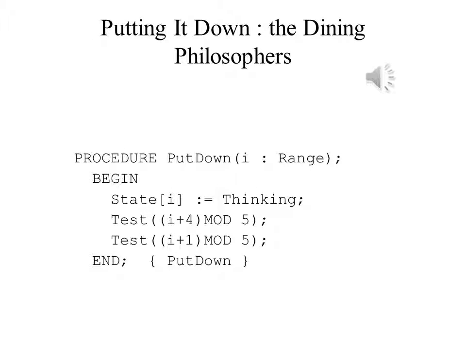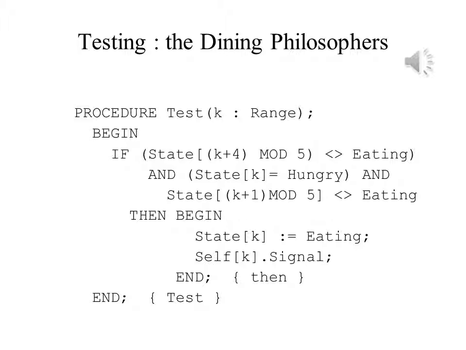In putting them down, he resets his condition to thinking and uses test to let the other philosophers on either side know that the chopsticks are now available. Testing involves seeing if philosopher K is hungry and has chopsticks with which to eat.